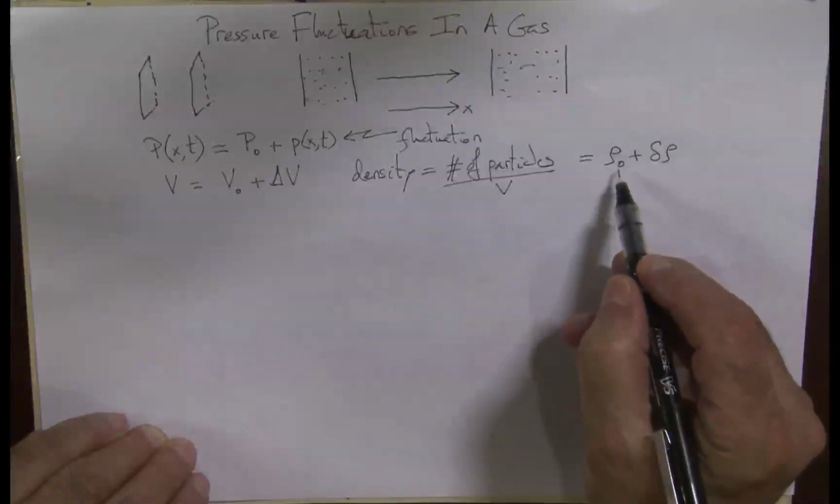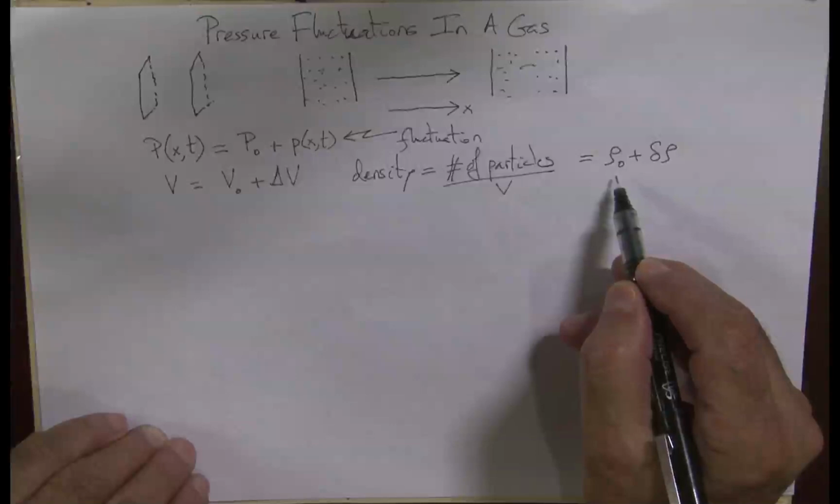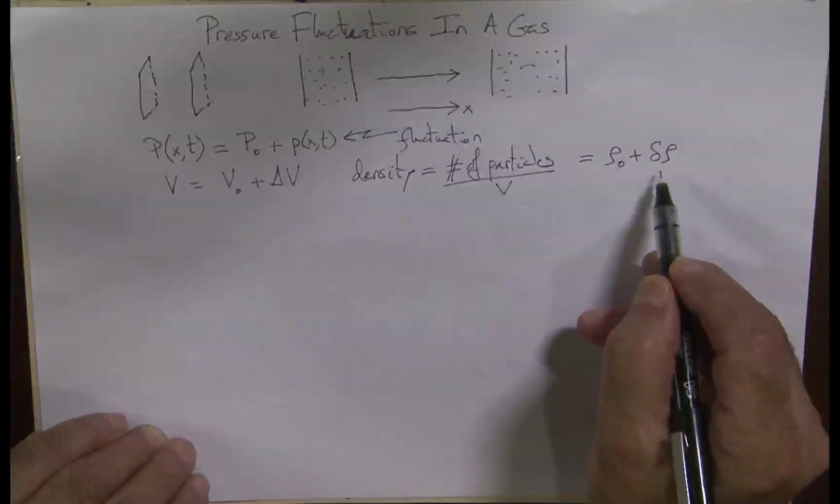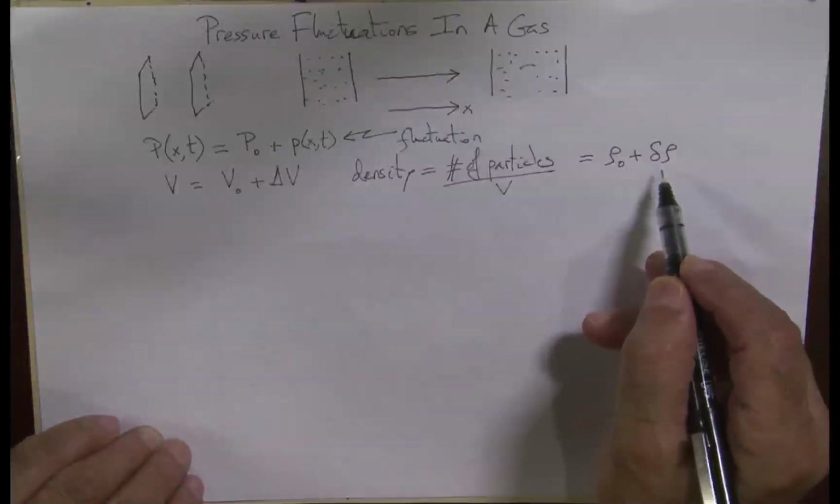So this rho zero is independent of where you are. It's the normal density of air, and it doesn't depend upon space or time, but this does. So it's different at different positions at different times.